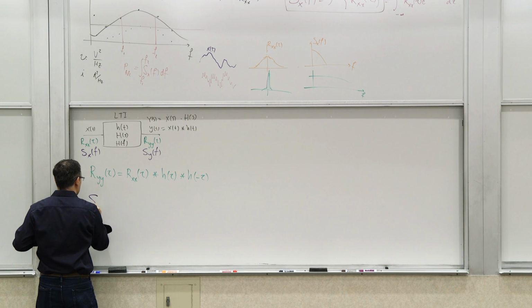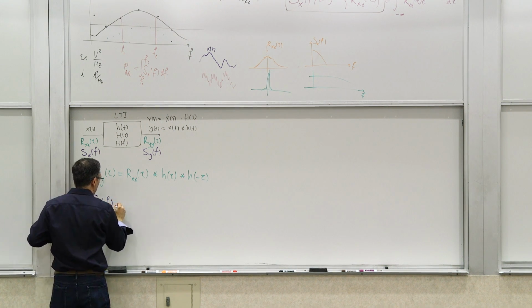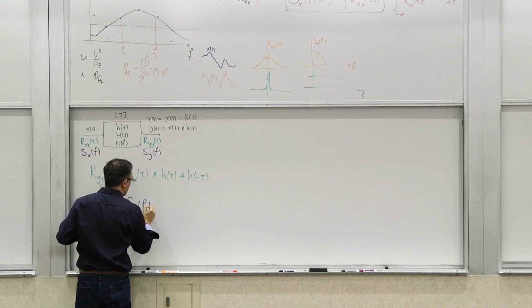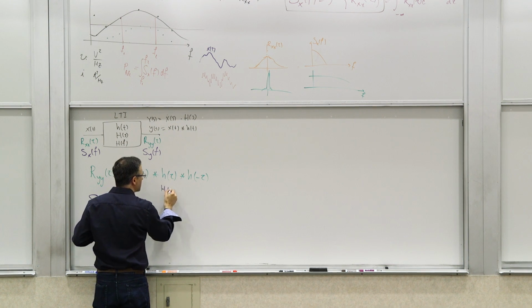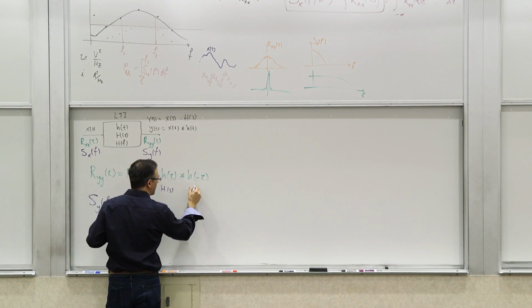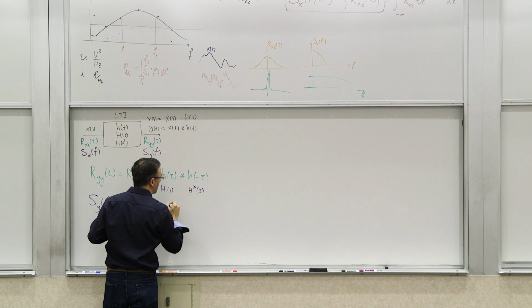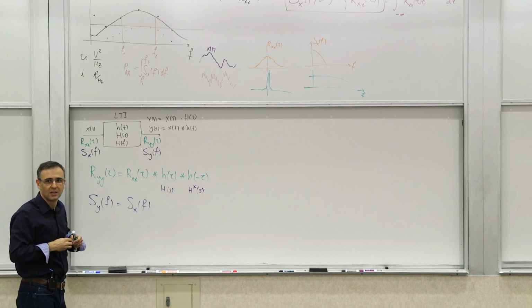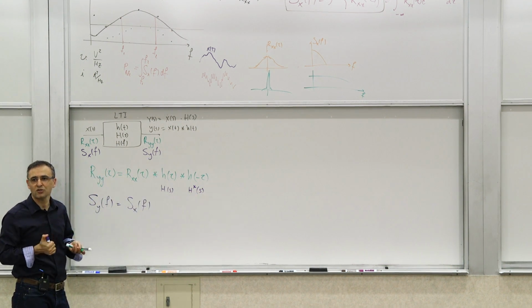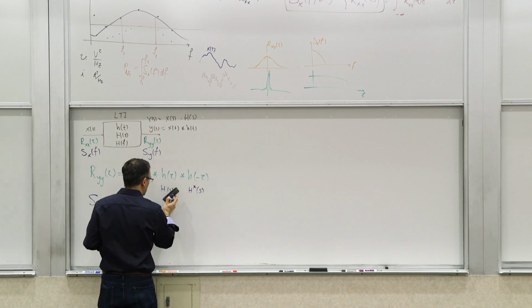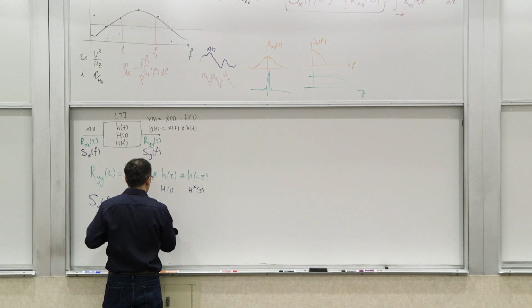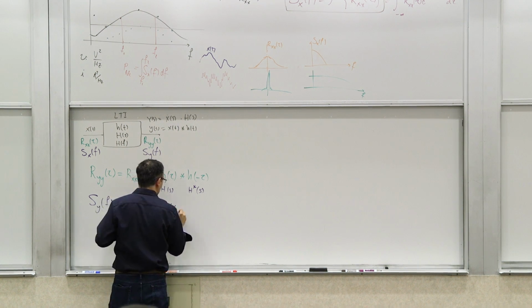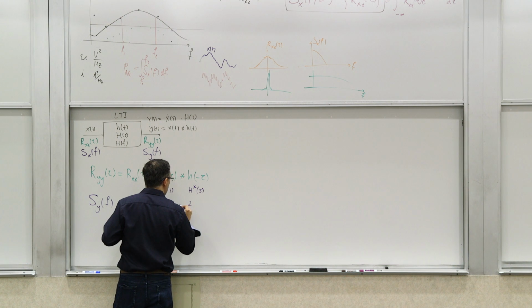Okay, so Sy of f is Sx of f. The Fourier transform of this thing is H of s, but the Fourier transform of this thing is H star of s, the conjugate. But what is H conjugate times H? Magnitude squared. So what you get is simply Sx of f times the magnitude of H of f squared.